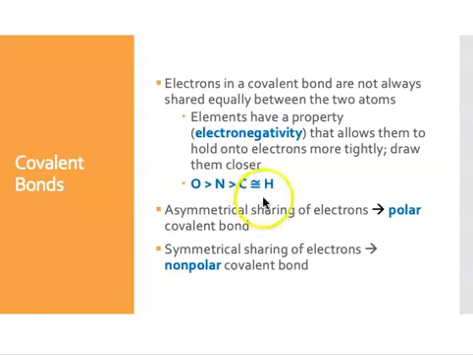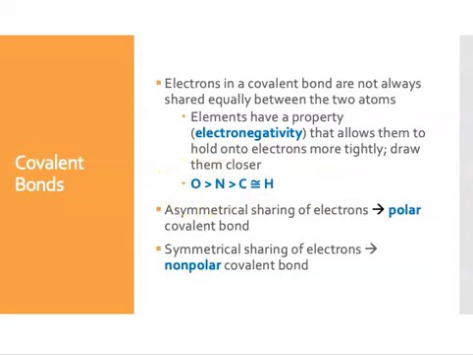Now this is an approximate symbol. It turns out that carbon and hydrogen are slightly different in their electronegativity, but the difference isn't important biologically speaking. So we're going to consider carbon and hydrogen as having the same electronegativity, and it's a low electronegativity, lower than both nitrogen and oxygen.